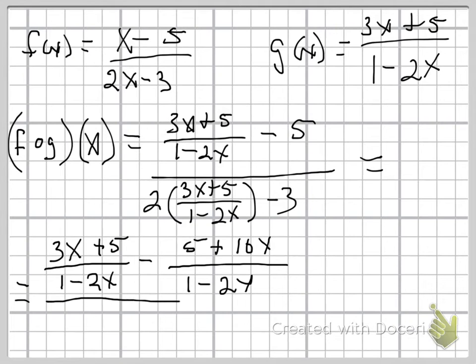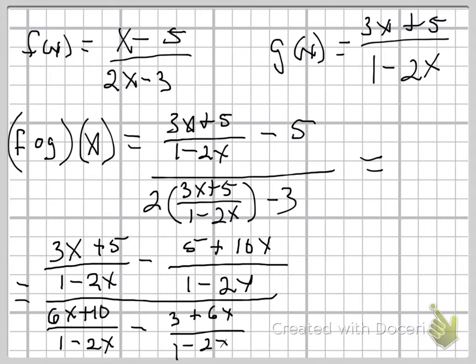And all of this is going to be over 6x plus 10 over 1 minus 2x minus 3 plus 6x all over 1 minus 2x.